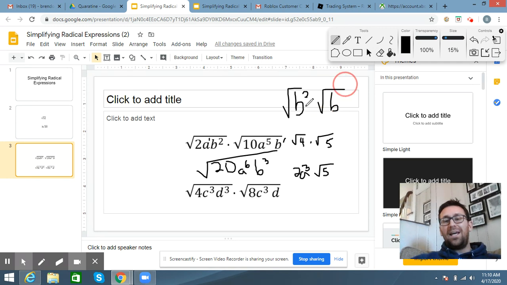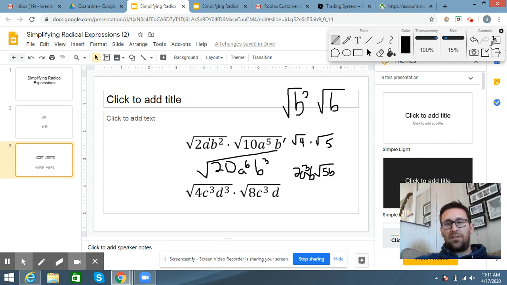You can take the square root of b squared, so the b goes outside and the leftover b goes inside. Okay, so one more time, I did b to the 3rd is b squared times b. You can take the square root of b squared, which is b. You cannot take the square root of b, so that stays inside. So that's my answer for this one.